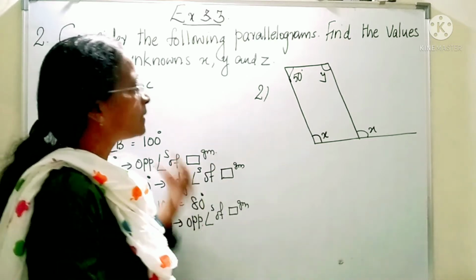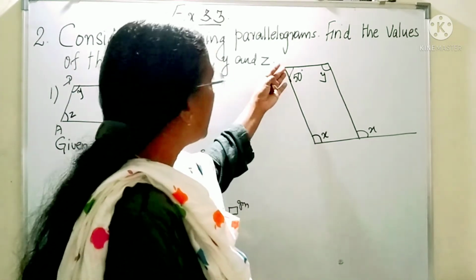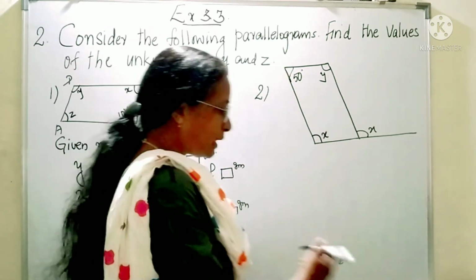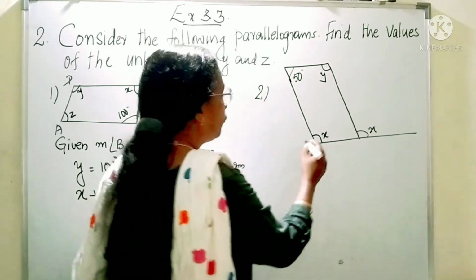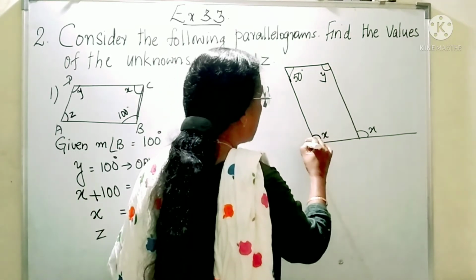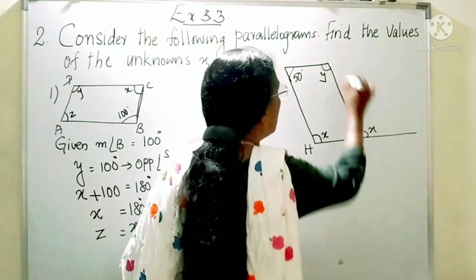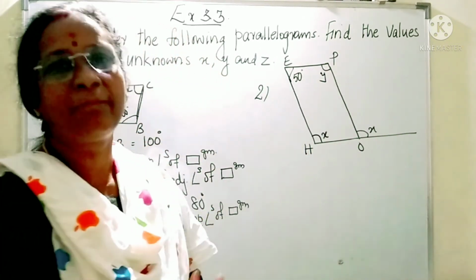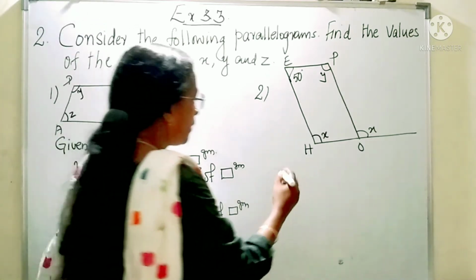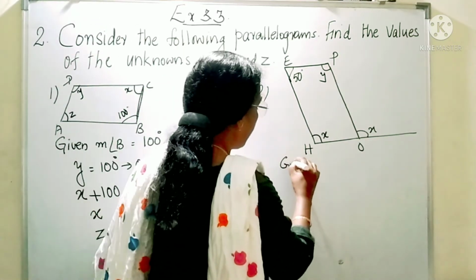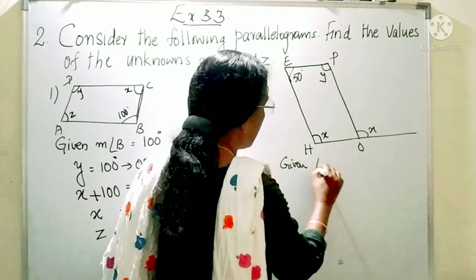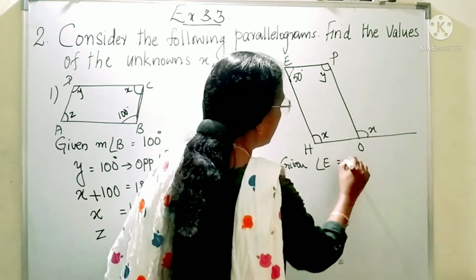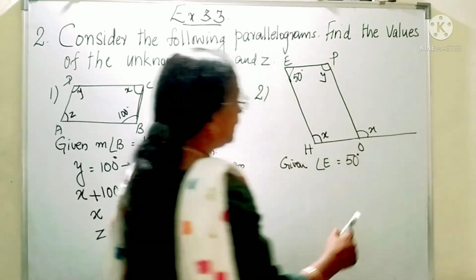The second sub-question, again one angle is given. So let us name it. Let us name this as HOPE. You can give any name. So what is given? Angle E is equal to 50 degrees.